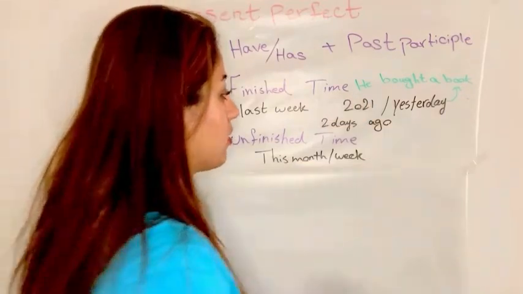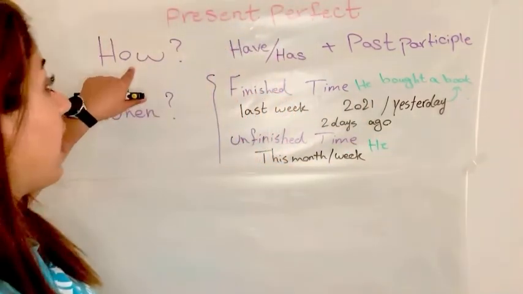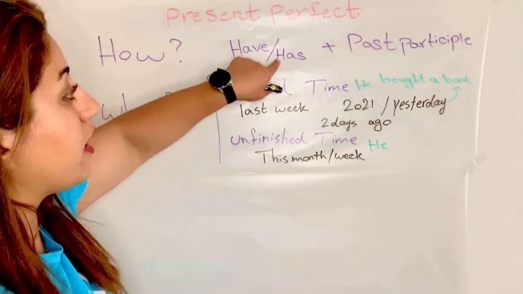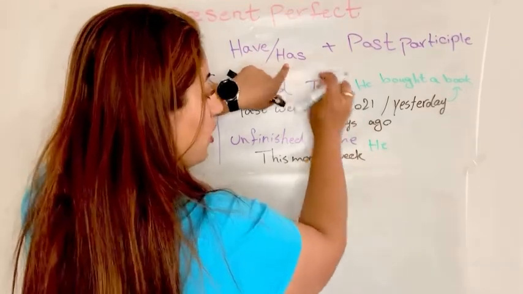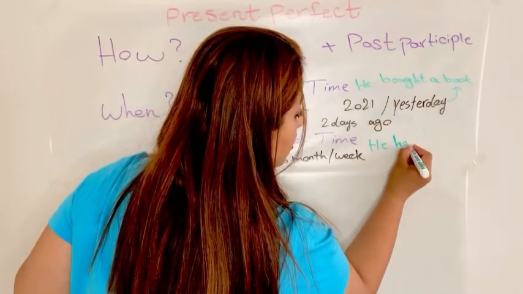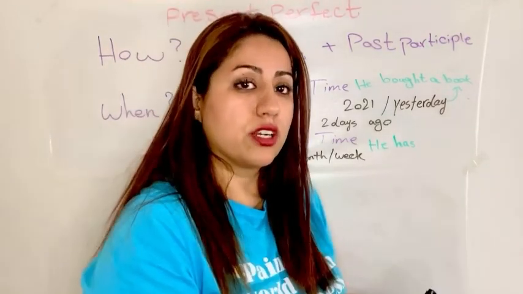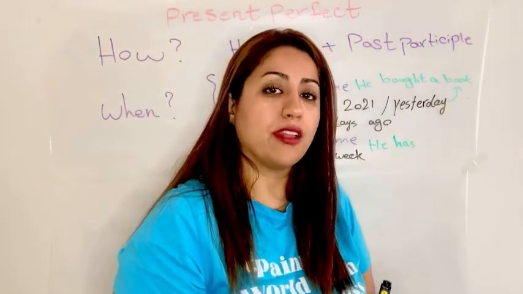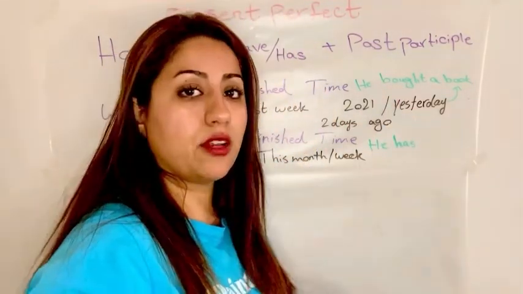We need again the subject he, and we know the formula. We need have or has, and because the subject is he, I use has. And then we have the verb. Buy is a verb whose past simple form and past participle form are the same. So we use bought again.